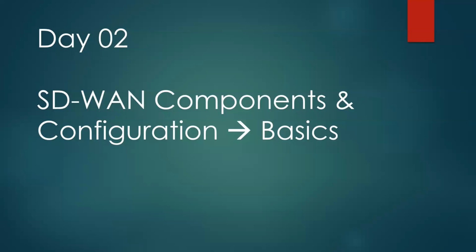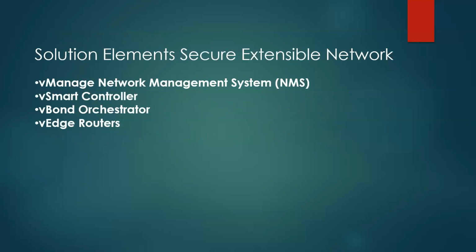Now, in upcoming days, in upcoming slides, I will show you more about Cisco products, how they are supporting the overall Cisco SD-WAN portfolio. But today we'll see the basic components. Later on, obviously, I will show you some more products as well which support SD-WAN.